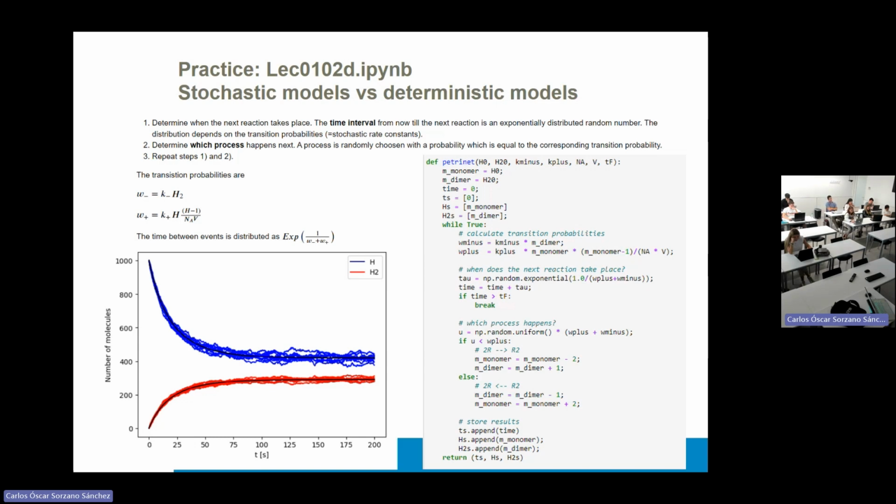And we simulate this until we go past the time TF, the final time. We plot it, and this is what we get. Now it is random. And we plot this many times, and what we see is that the continuous model is the average of the discrete paths.